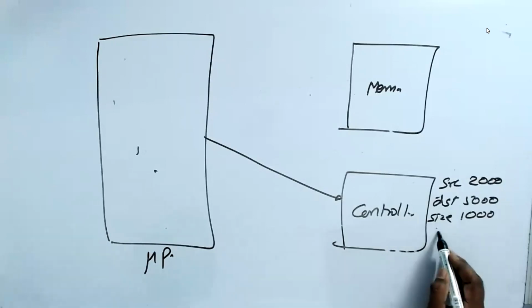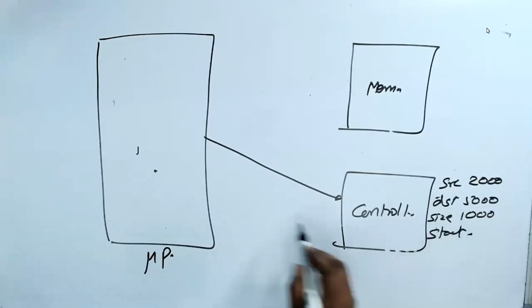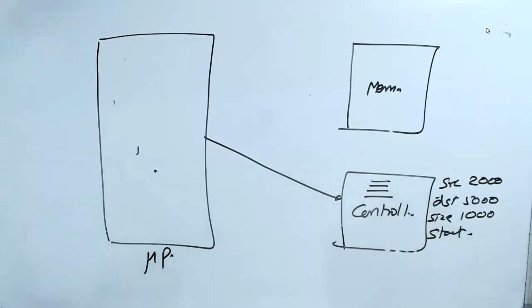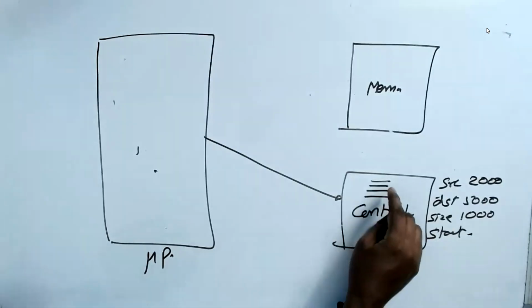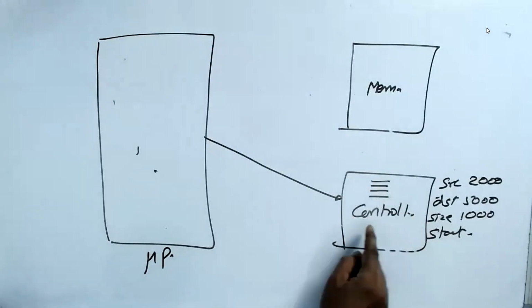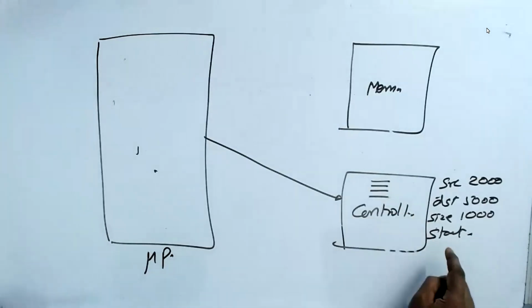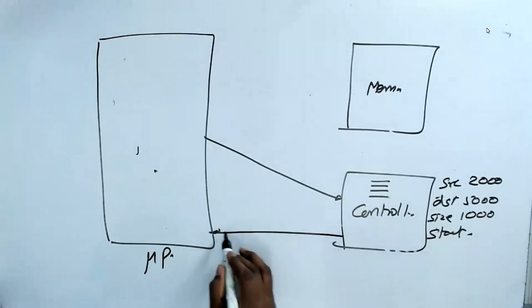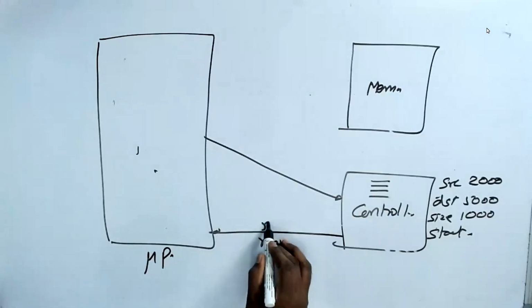These are all registers. You write into the registers. Once you say start, the controller will give a signal called request, 5 volt.